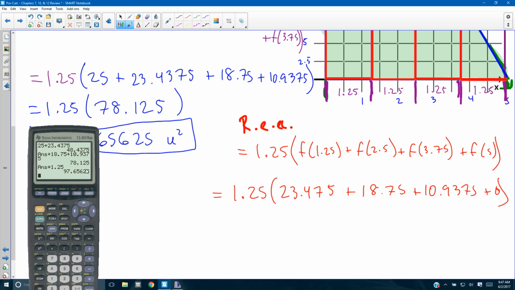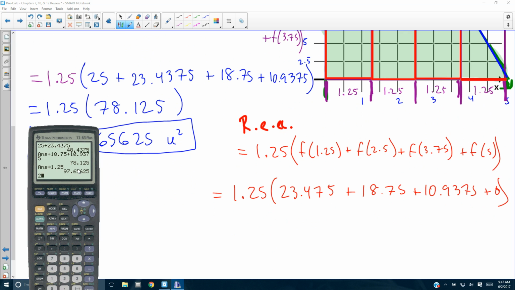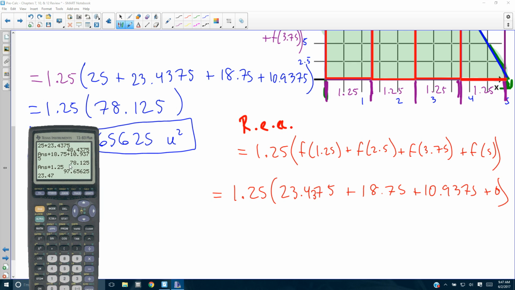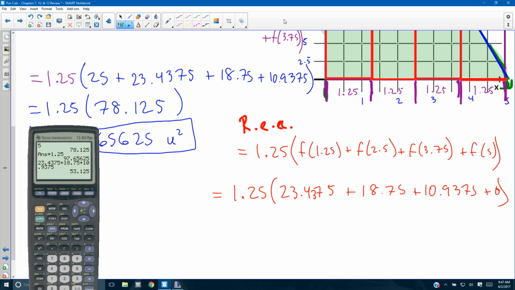So I'm going to add those: 23.4375 plus 18.75 plus 10.9375. That equals 53.125, which is criminally lower than 78.125 was.